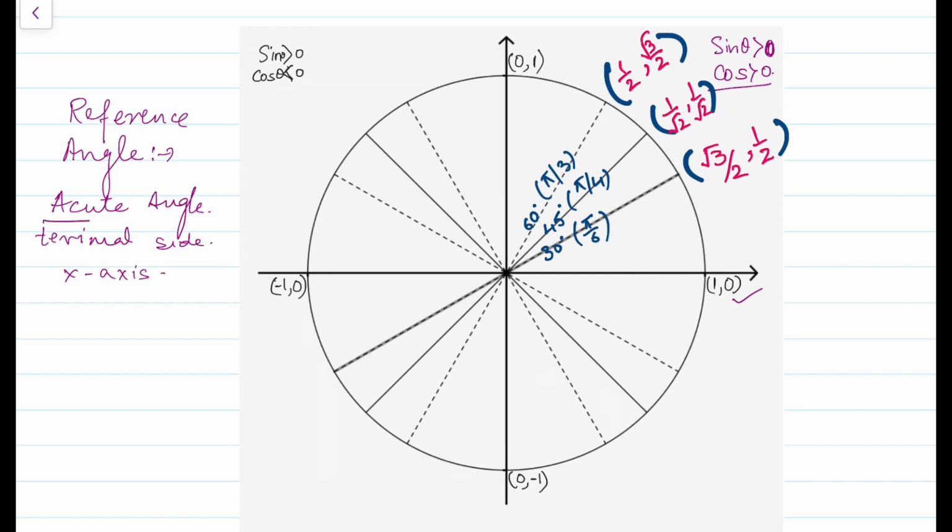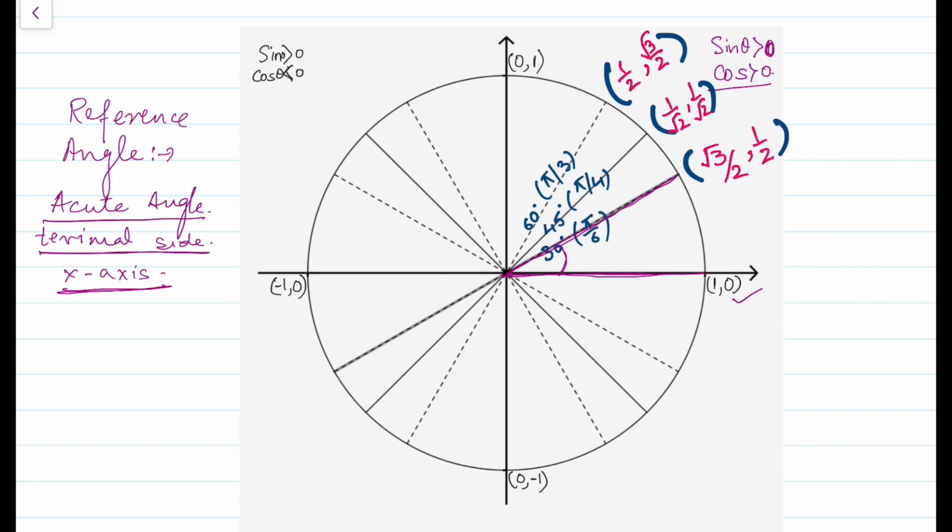So the angle that is made between the terminal side and the x-axis, right? The x-axis needs to be one of the sides. So let us suppose this is an acute angle, and this can be used as a reference angle.